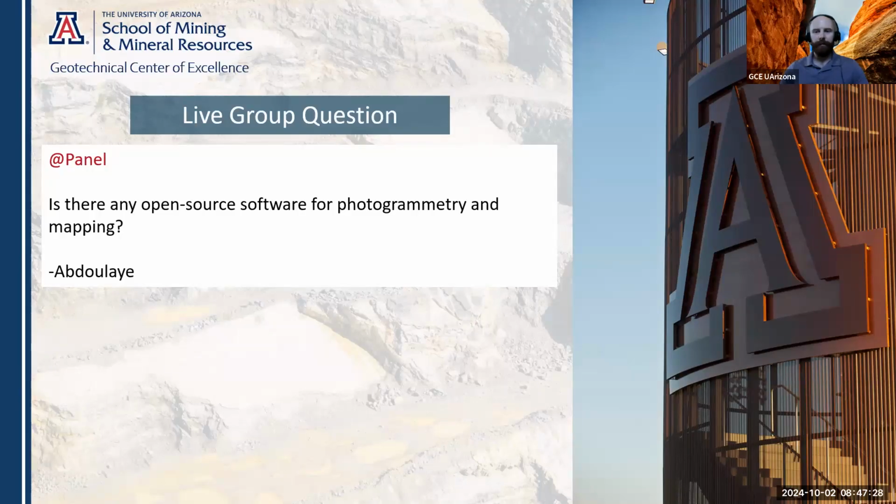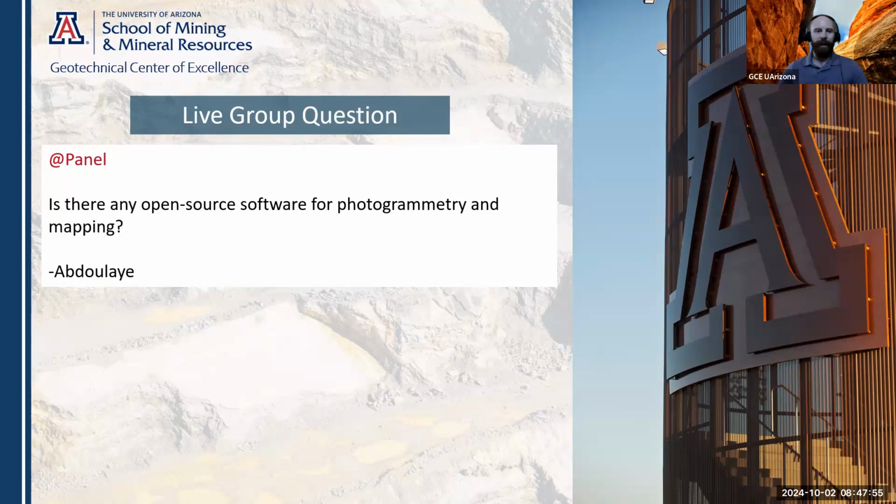Like most software, there's different levels of licenses you can get. You can run models for free, you just can't do anything with them in Pix4D, and I think a lot of them are similar. I've had limited success with open source photogrammetry software myself. It can be pretty tricky. Sounds like Amanda, you've had issues as well, especially when you compare it to something like Pix4D or Atom Tech.